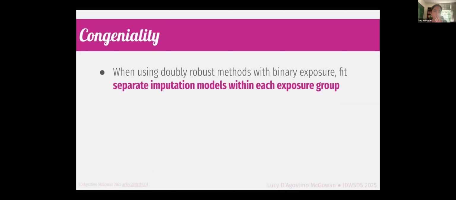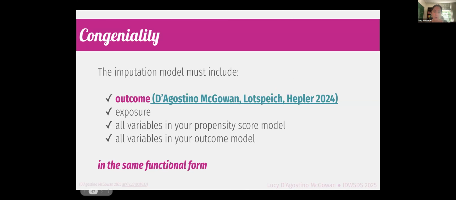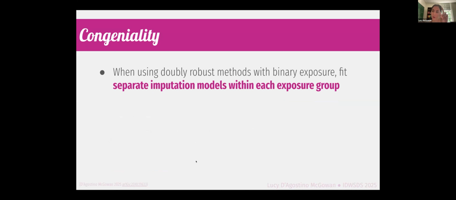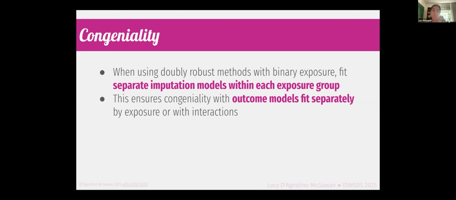And when using doubly robust methods with a binary exposure, you actually have to fit separate imputation models within each exposure group. And that's because of this in the same functional form piece. What's happening with the doubly robust methods, where you're fitting separate models by exposure status to get that mu1 and mu0, is effectively that you have an interaction with exposure.